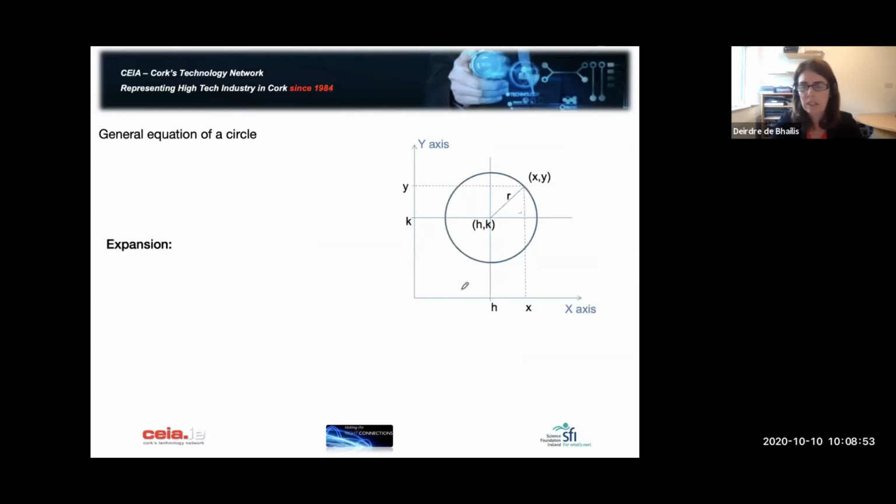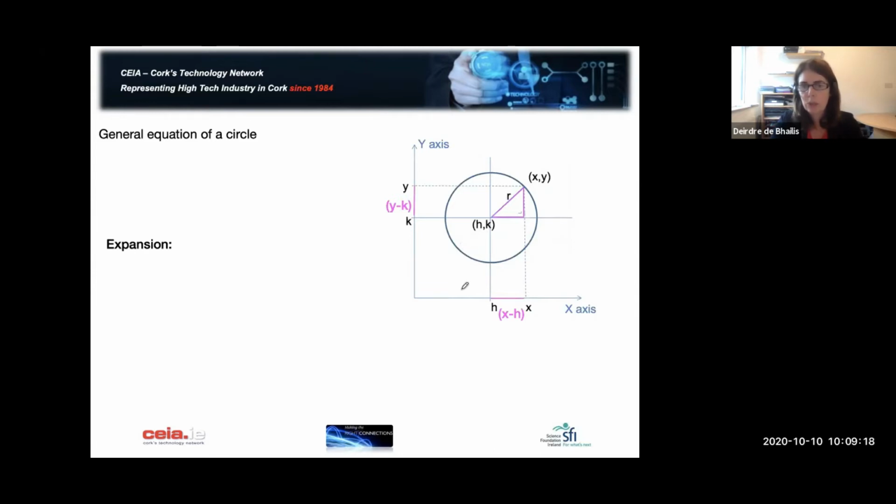Of course, not all circles have their center at the origin. So we need to place the circle at some center, (h, k), we call it. We again have our right-angled triangle here, but this time the lengths of those sides are x minus h and y minus k.